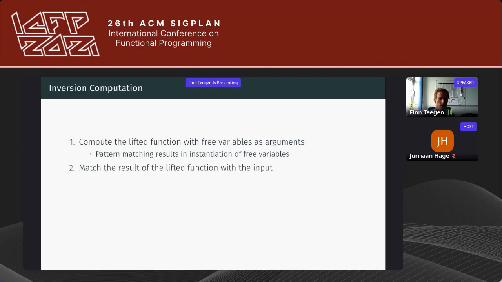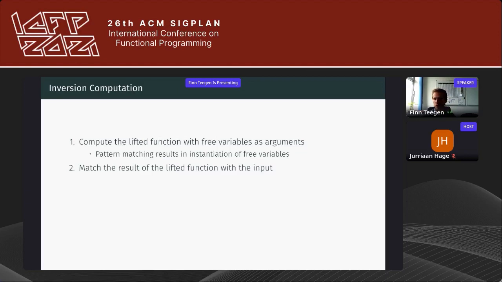So you can say that the matching process here in the second step drives forward the inverse computation and also maintains the laziness of the original Haskell function, in the sense that only the parts that are demanded are actually being evaluated by our inverse computation.